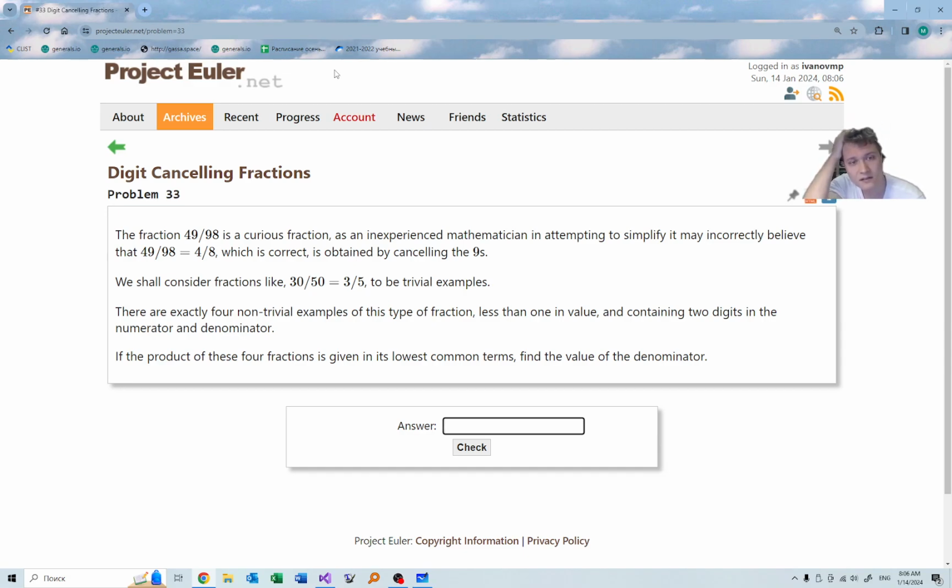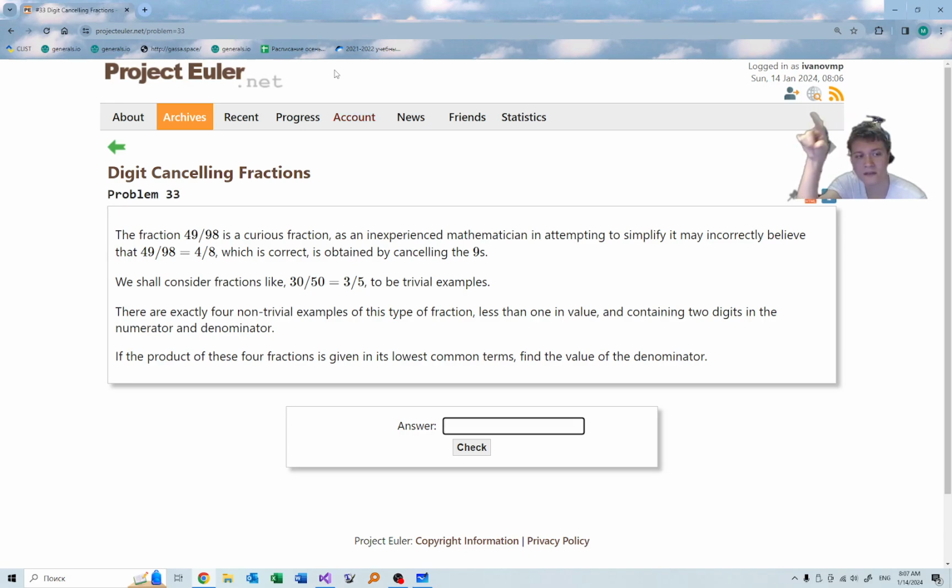Fractions like this are trivial examples. There are exactly 4 non-trivial examples of this type of fraction, less than 1 in value and containing 2 digits in the numerator and denominator. If the product of these 4 fractions is given in its lowest common terms, find the value of the denominator.